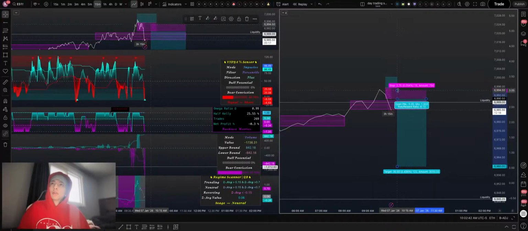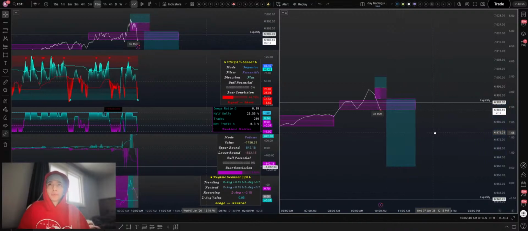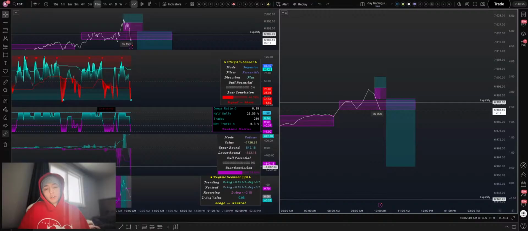Just gotta let the trade run. Moved stop to break even, so it's a risk-free trade. We're in. This one was trend following. This next trade is a short.